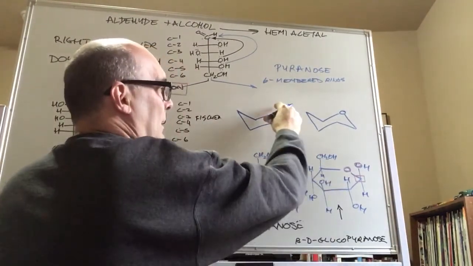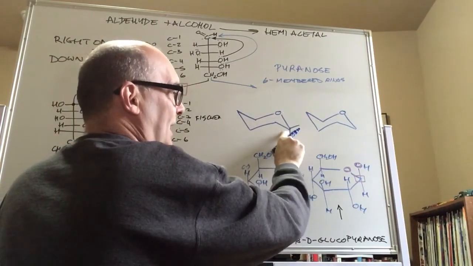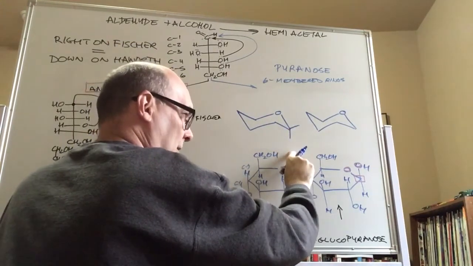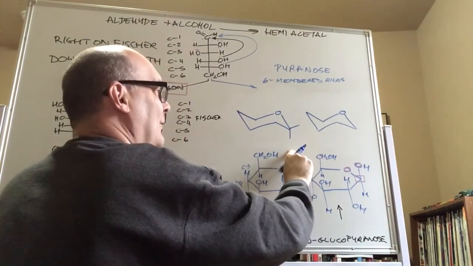Remember, when two lines come to a vertex, if that vertex is pointing down, the axial points vertically down at that point.